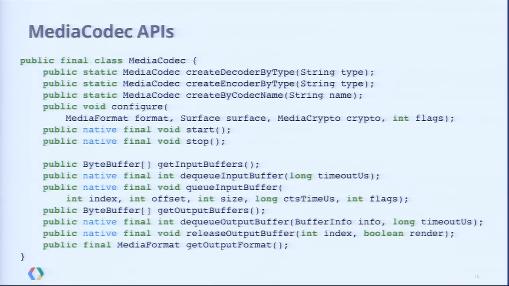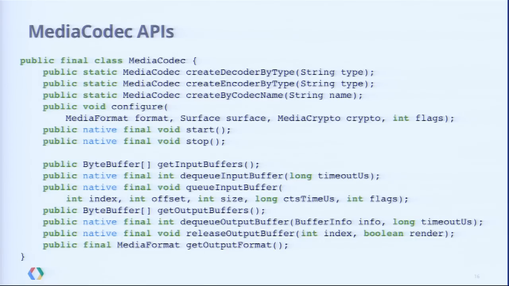The second one is used for output. The actual communication between your application process and the media server process is not by passing the byte buffers directly. Instead, it passes the index into the array rather than passing the byte buffer directly.